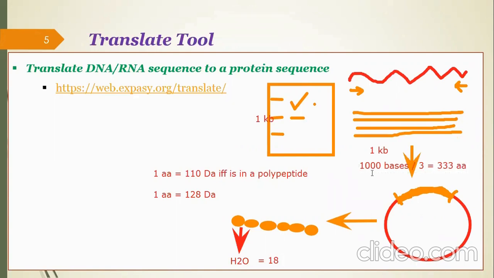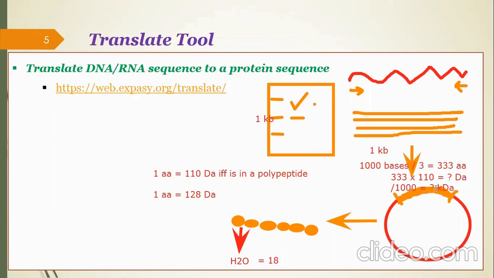We multiply 333 amino acids by 110, and that will give us a value in daltons. Simply divide that value by 1000, and we will get the value in kilodalton.